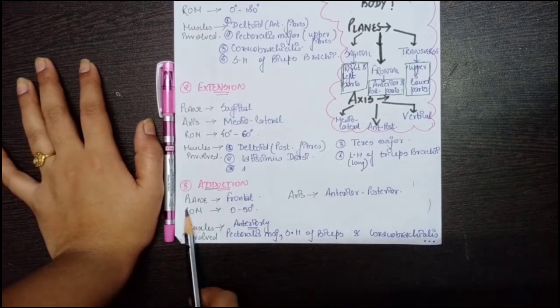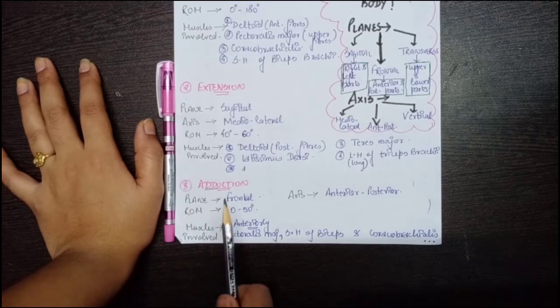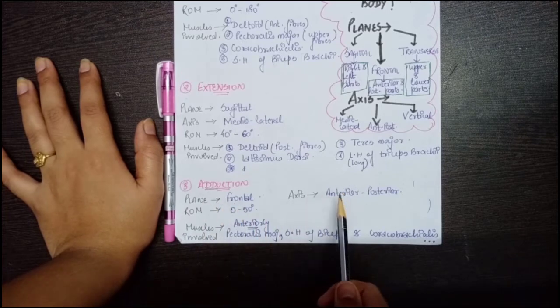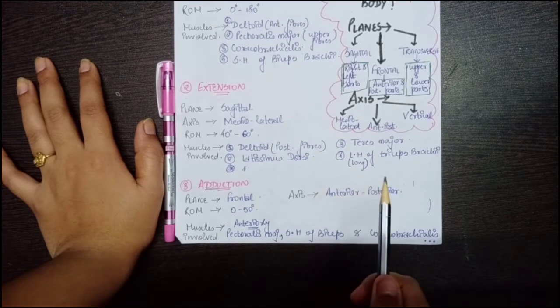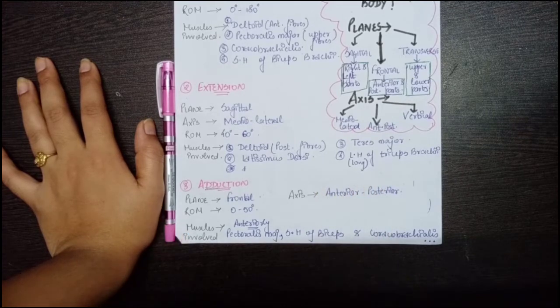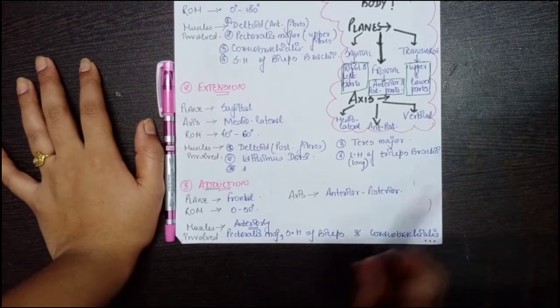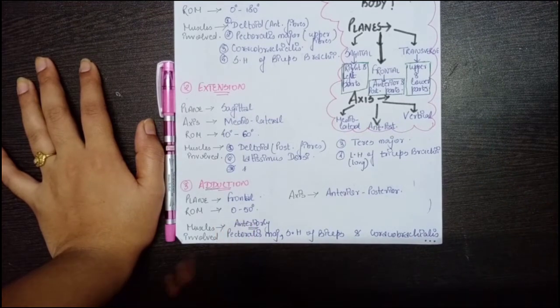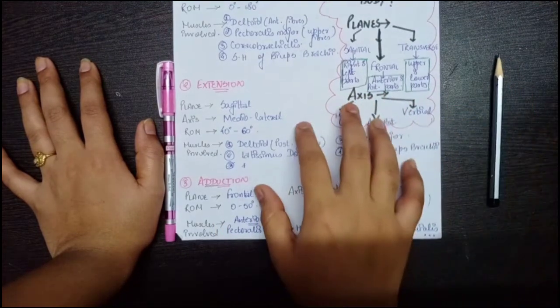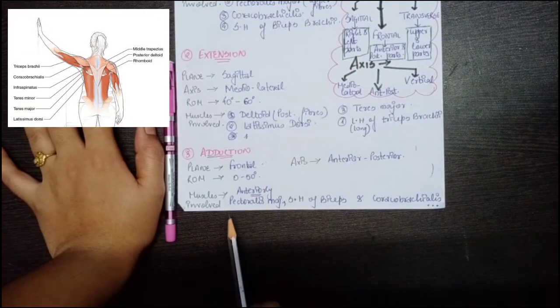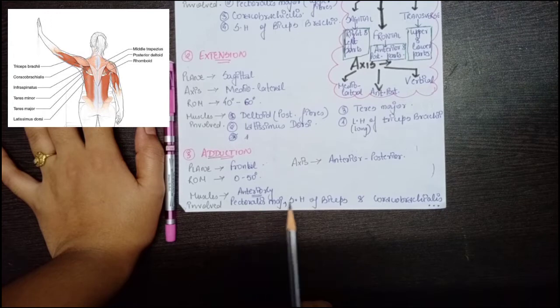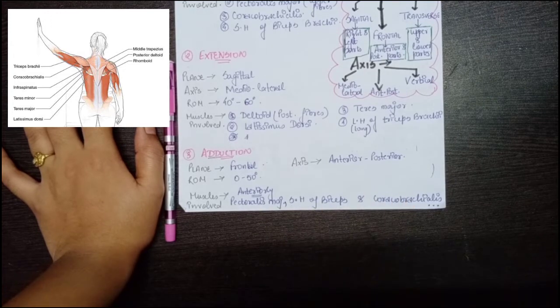Now, the plane in which adduction occurs is frontal. The axis is the anteroposterior axis. Talking about the range of motion, it would be from 0 degree to 50 degree. Now talking about the muscles involved, anteriorly you will have the pectoralis major, short head of biceps brachii and coracobrachialis.